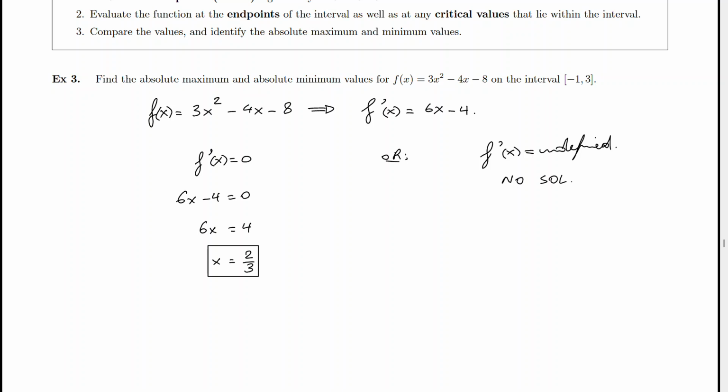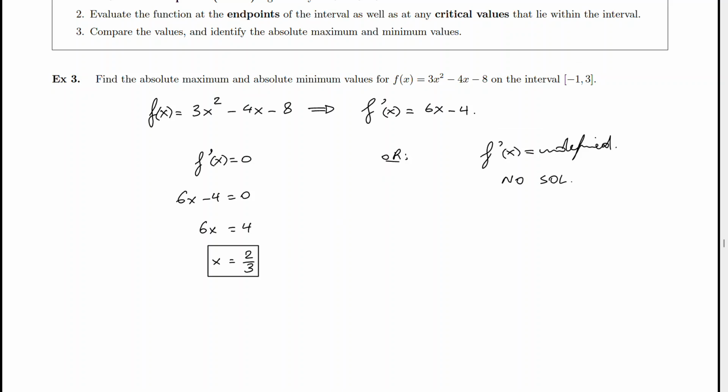Now, because the interval is closed, sometimes we will ignore the number that we boxed. Why? If the number is not between -1 and 3, then we don't care about it because it's not in the interval that we are looking at. So we would basically ignore it.